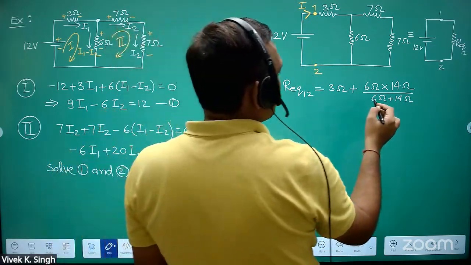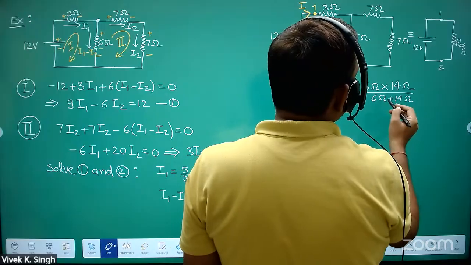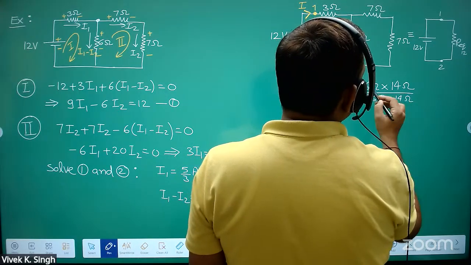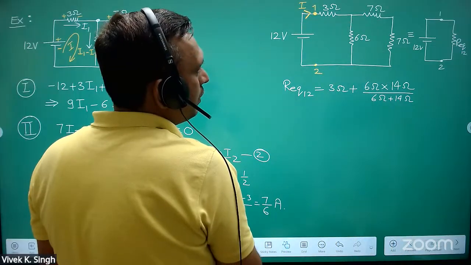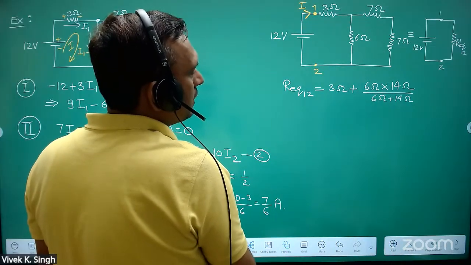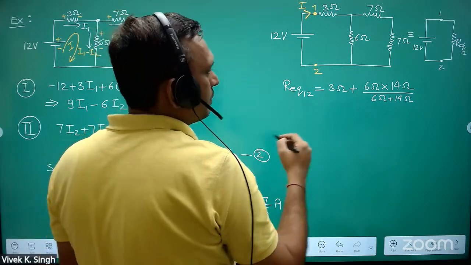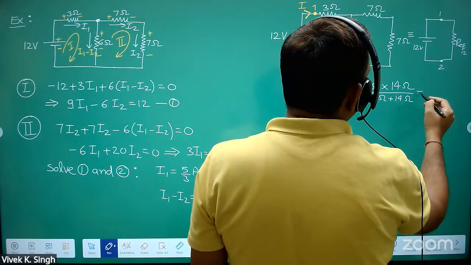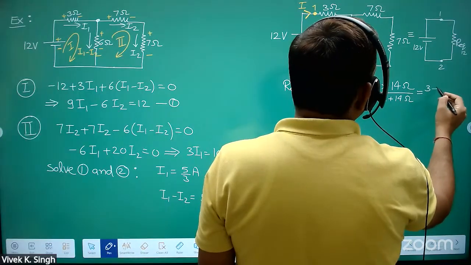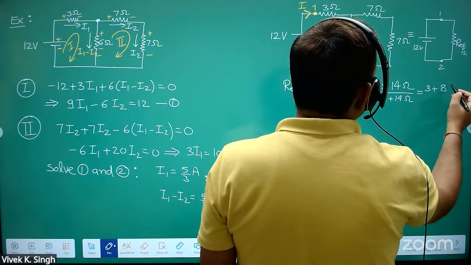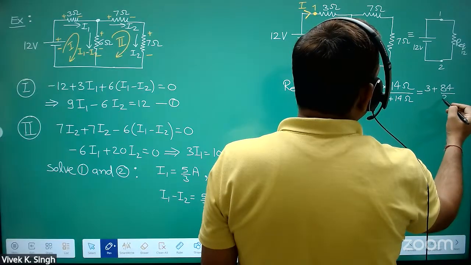So 20 in the denominator, and this will be 6 into 14, which is 84. So 3 plus 84 by 20.